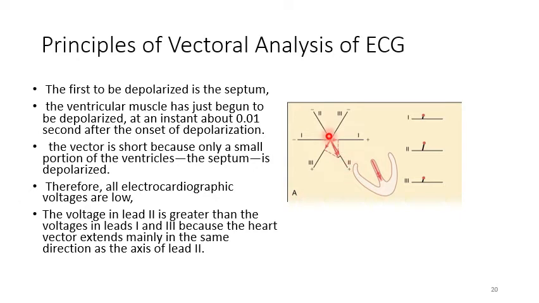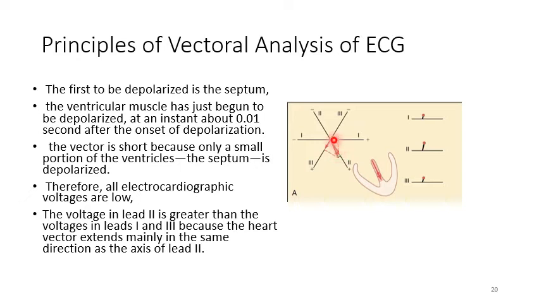So we draw the cardiac axis exactly as it looks here in the heart, downward and inferiorly, looking to the inferior side. Then we will see how each of the three leads will look at that vector.